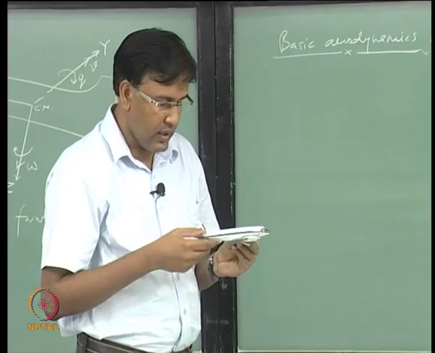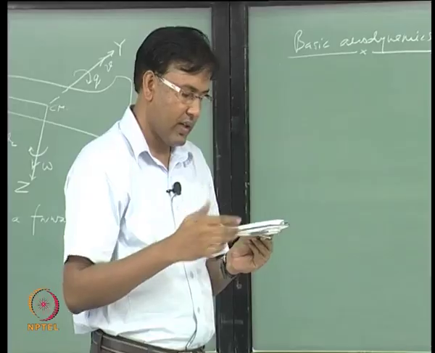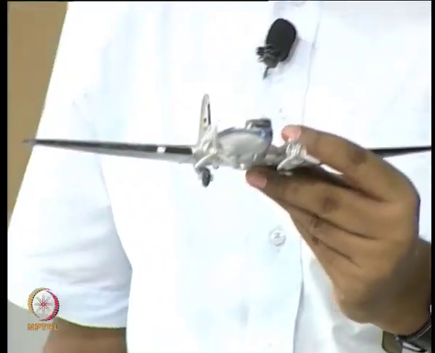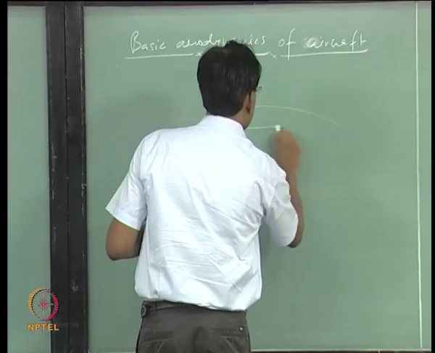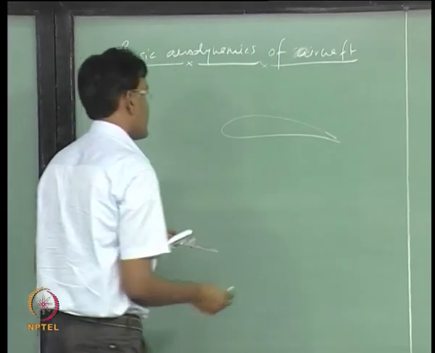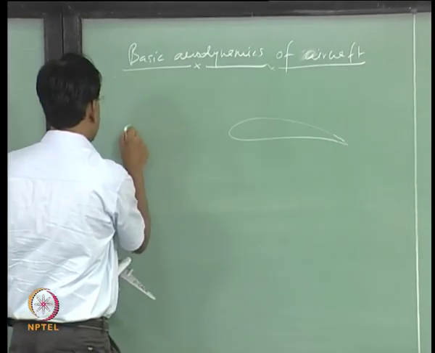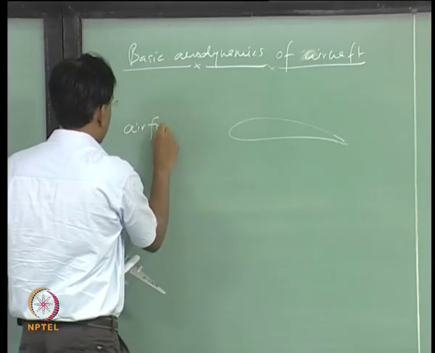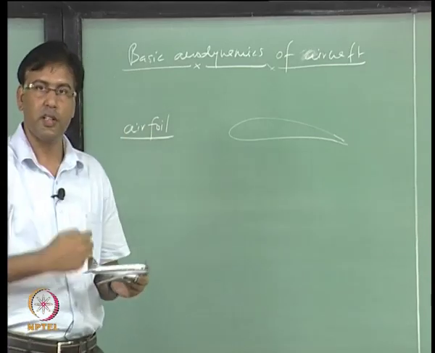So, let us look at the section of this wing. If you take the section of this wing, the way it looks is this. This shape is called an airfoil. Airfoil will constitute the wing.